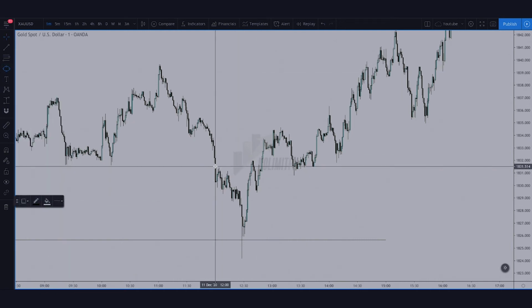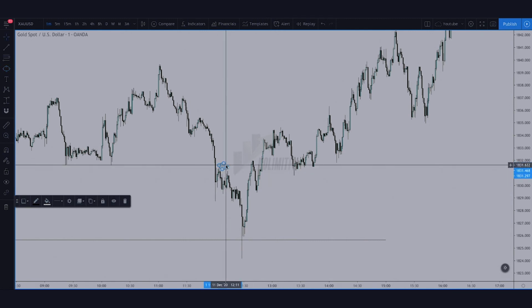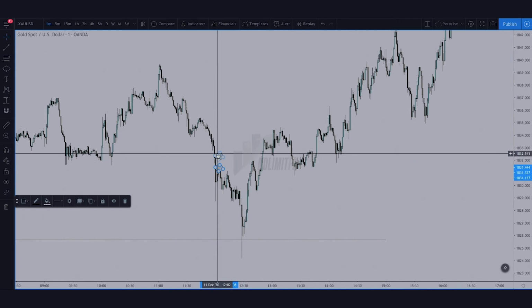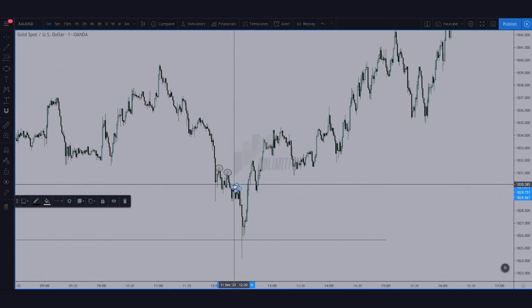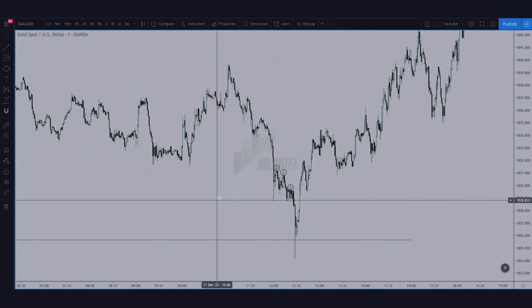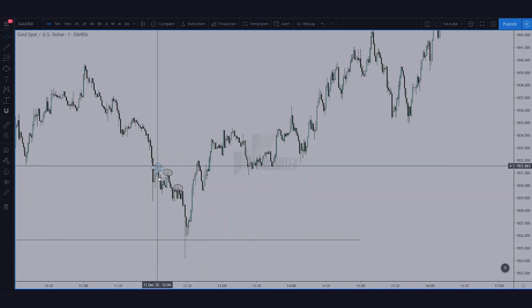On the 1 minute, here we made lower highs. Again. Here. Again. And here. Again. So the overall structure on the 1 minute is to the downside.